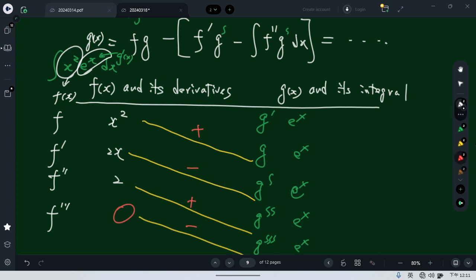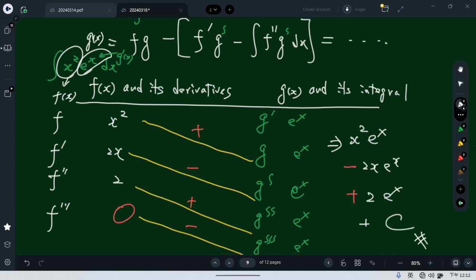So finally you can get the result: x squared e to the x, minus 2x e to the x, then plus 2e to the x, then finally this term will be 0, and you need to add a constant C, right?